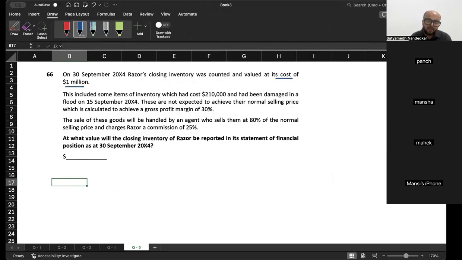This included some items of inventory which had cost 2,10,000 and had been damaged in a flood on 15th of September. These are not expected to achieve their normal selling price, which is calculated to achieve a gross profit margin of 30%. The sale of these goods will be handled by an agent who sells them at 80% of the normal selling price and charges Razor a commission of 25%.